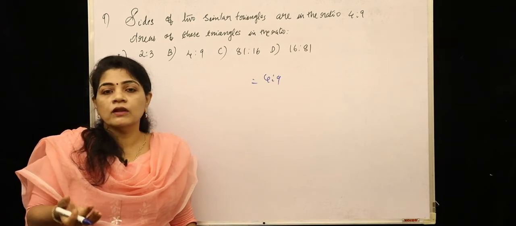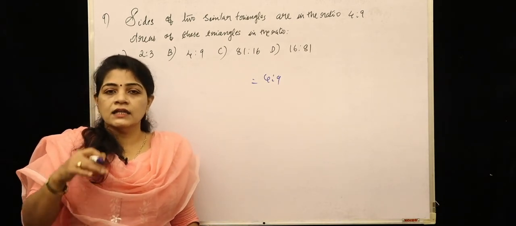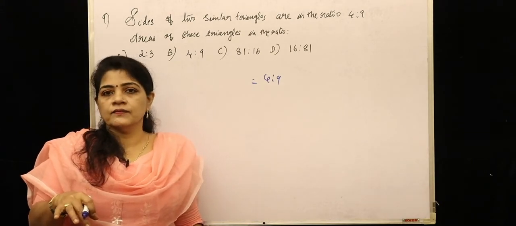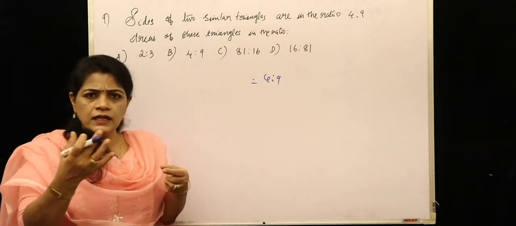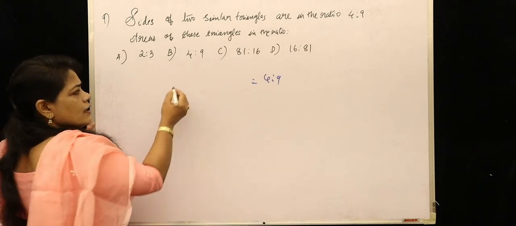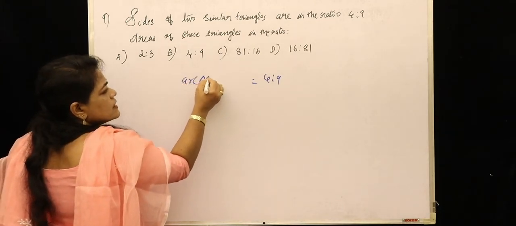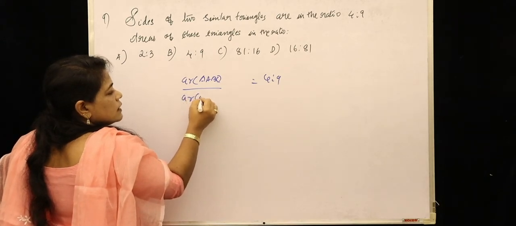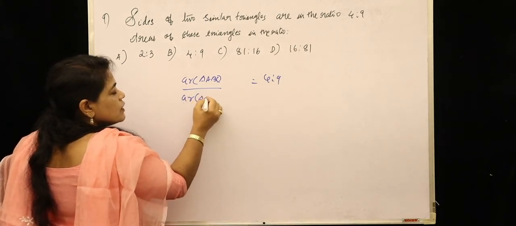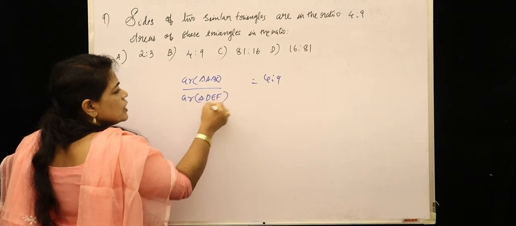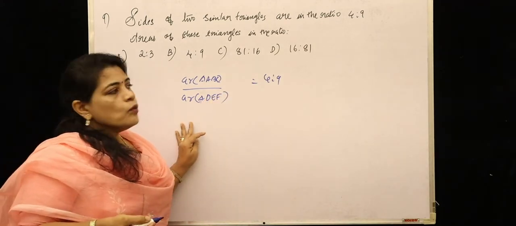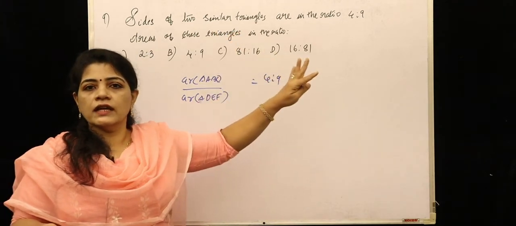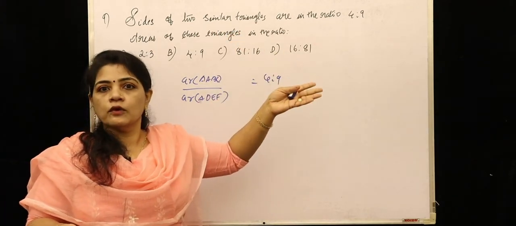By that theorem, the ratio between the areas of two similar triangles. Suppose if you want, you can name the triangles ABC and DEF as the given two similar triangles. According to the question, 4:9 is the ratio between their corresponding sides.